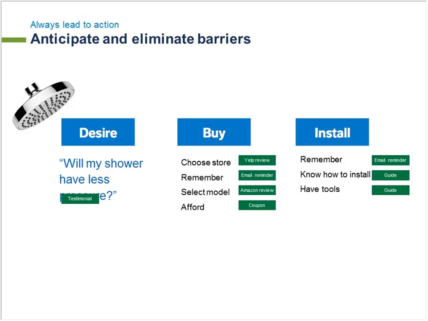One way to address this barrier of desire is to use a testimonial. Apologies that there's a little bit of overlap on the slide, but a testimonial of someone trusted letting the person know that a low-flow shower head will not impact comfort and will in fact save money seems like a key barrier to address before even needing to go down the route of the others.